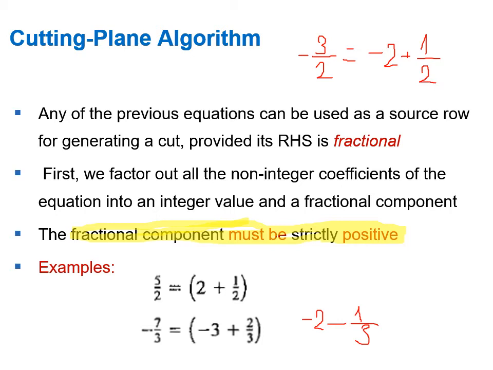There is no other way of writing this so that the fractional part will be positive. It's unique. You can write this only in a single way. If you write it as minus 1 plus minus 1 over 2, it's also equal to minus 3 over 2, but it is not correct according to this restriction. Be very careful with this one.